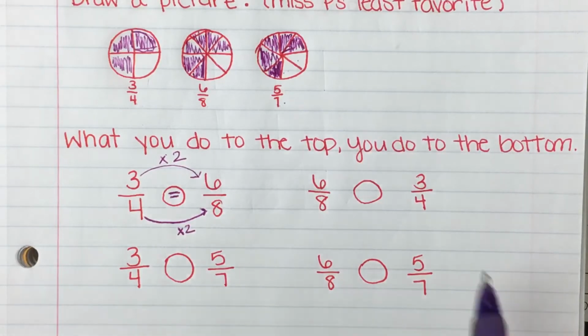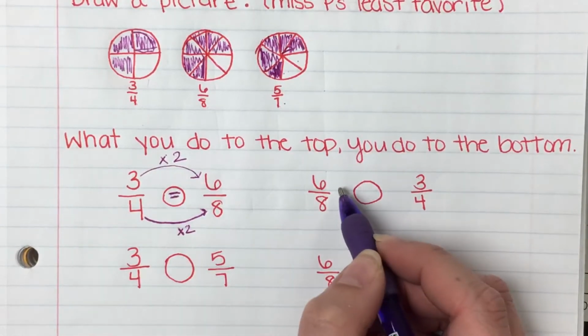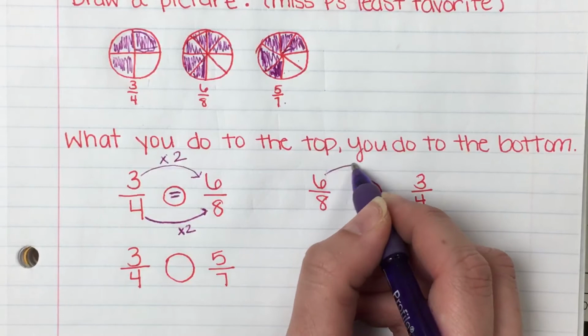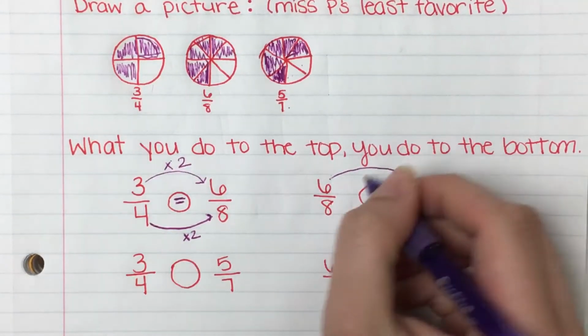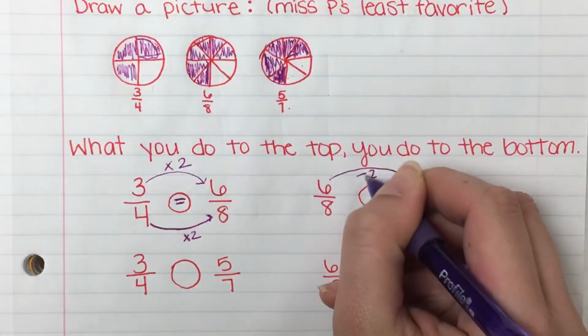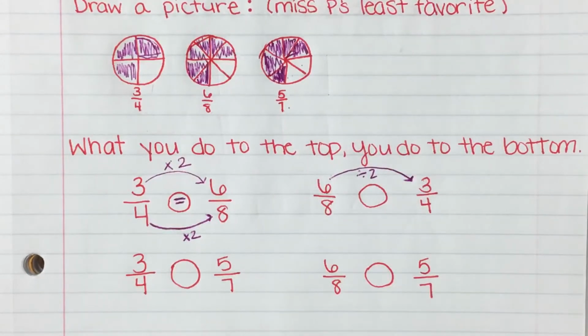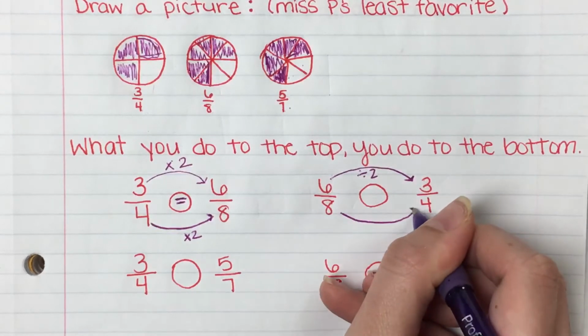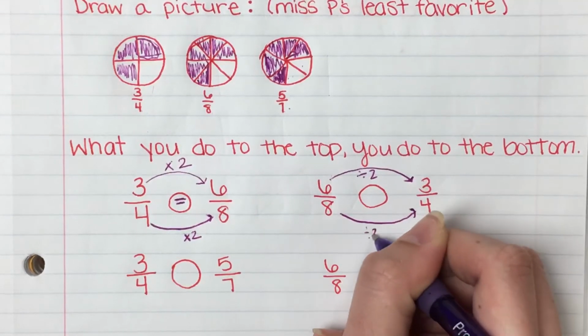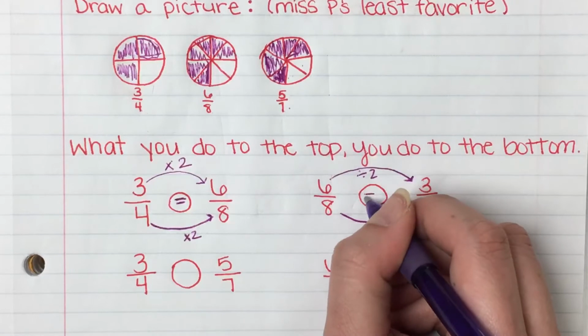All right. Over here, we say, well, how do I get from 6 to 3? Oh, well, I divide by 2. I should also be able to divide my bottom by 2. And I can, so they are equal.